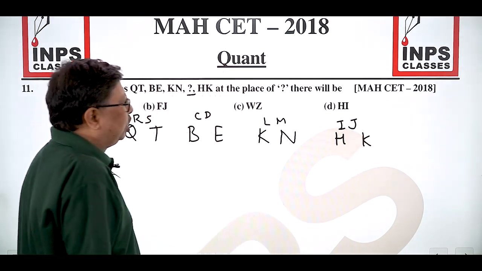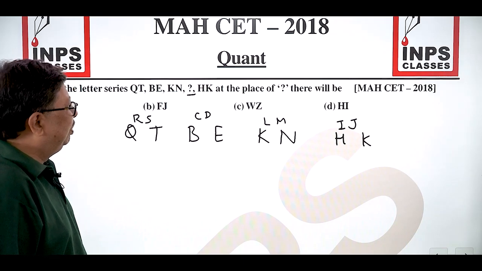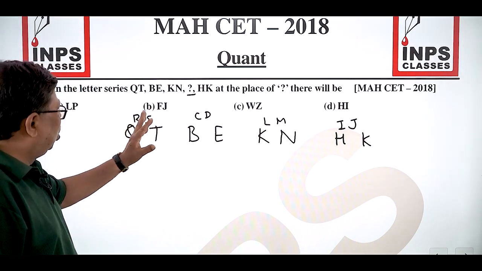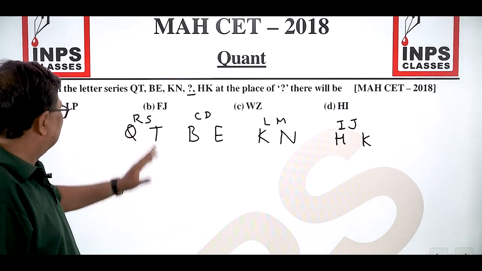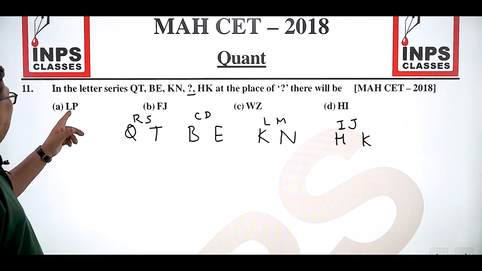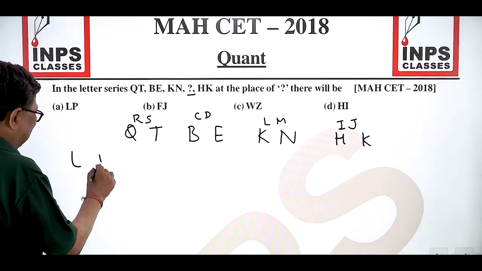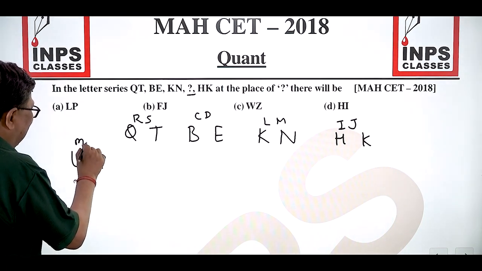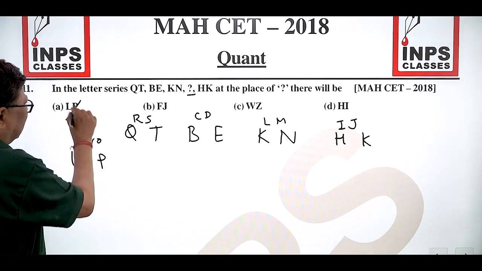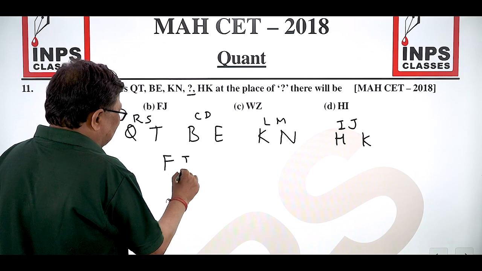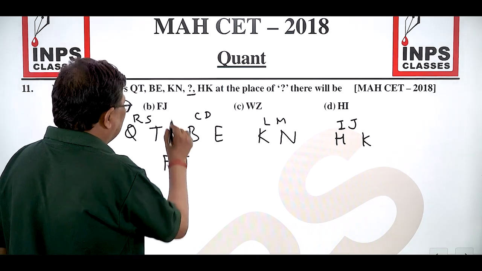So, let us choose an option in which between these two letters there are two consecutive letters. Okay, LP, you have 3 in between, M, N and O, so this cannot be the answer. FJ, there is nothing in between, so this cannot be the answer.